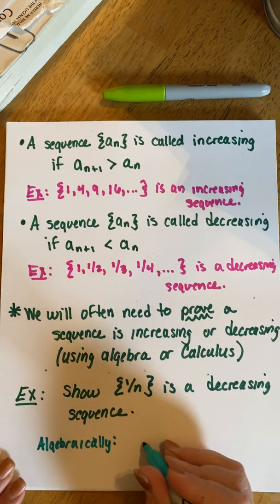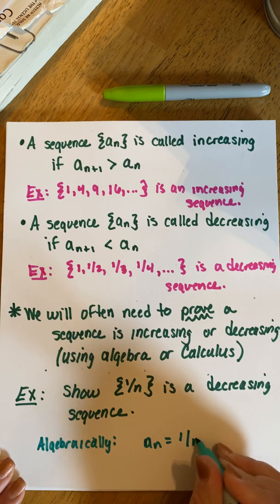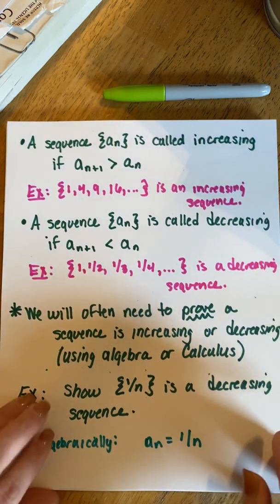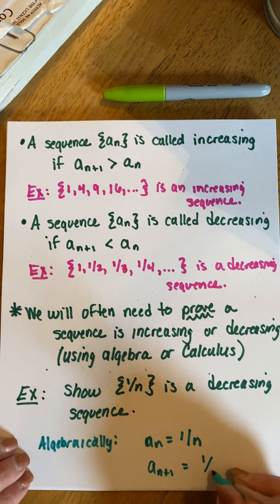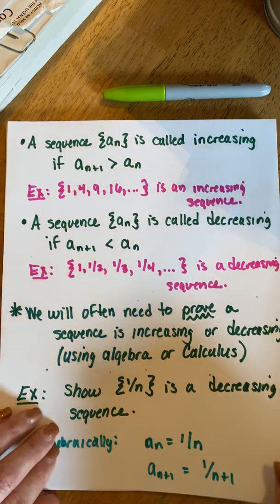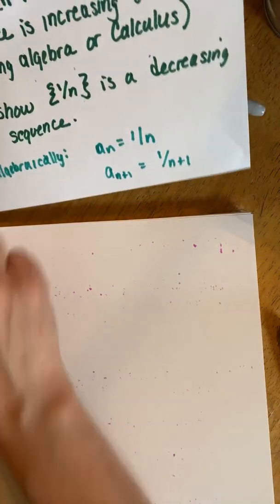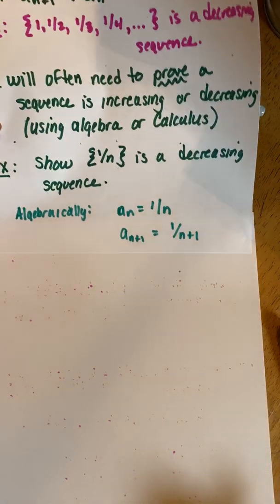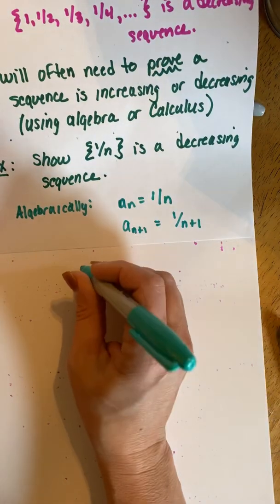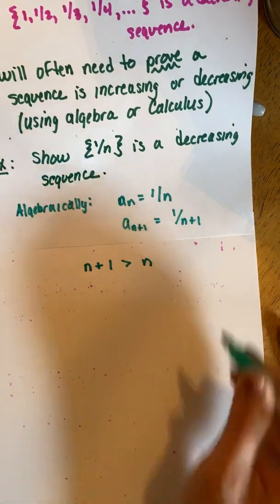well, we can say that a_n is 1/n, so keep that in mind. So the (n+1)th term would be 1/(n+1). Now we've got to show that that is less than that. So how can we do this algebraically? It looks like common sense, and often the simpler examples are harder to see what's going on than the harder examples. But algebraically, we would say, well, we know that any number plus 1 is greater than that number.